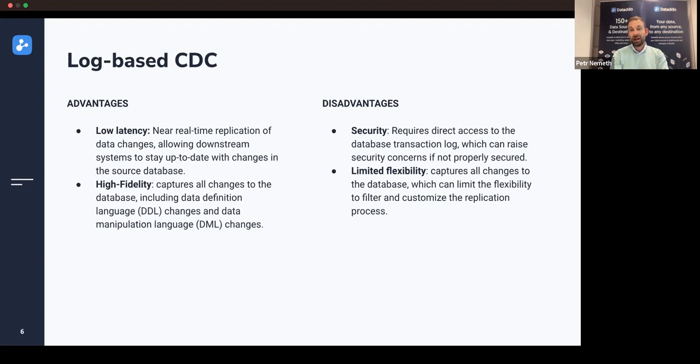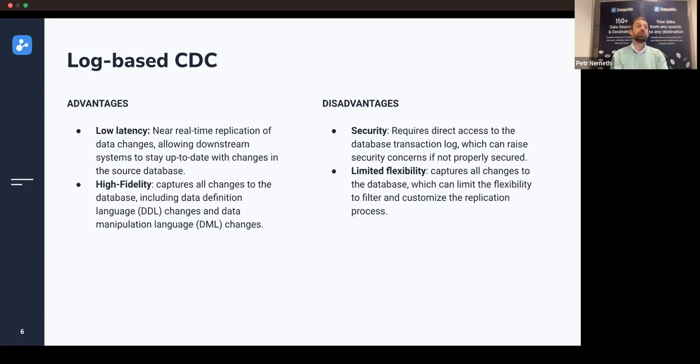Also, high fidelity. Because if you remember when we were previously talking about query-based CDC, you cannot capture the deleted rows with query-based CDC, because once you delete the data from the table, it is no longer there, so you cannot capture it using a select query. But you can do that using log-based CDC.